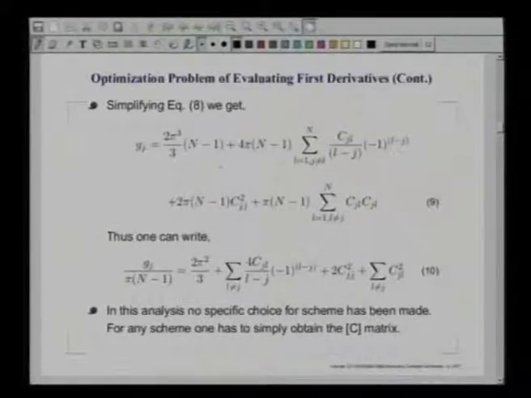The first part comes from the exact quantity itself. You notice that this part comes from the diagonal entry of the C matrix, and this is a square term. So, what you find is basically this will be always additive. They will never reduce error, because it is a C square term.